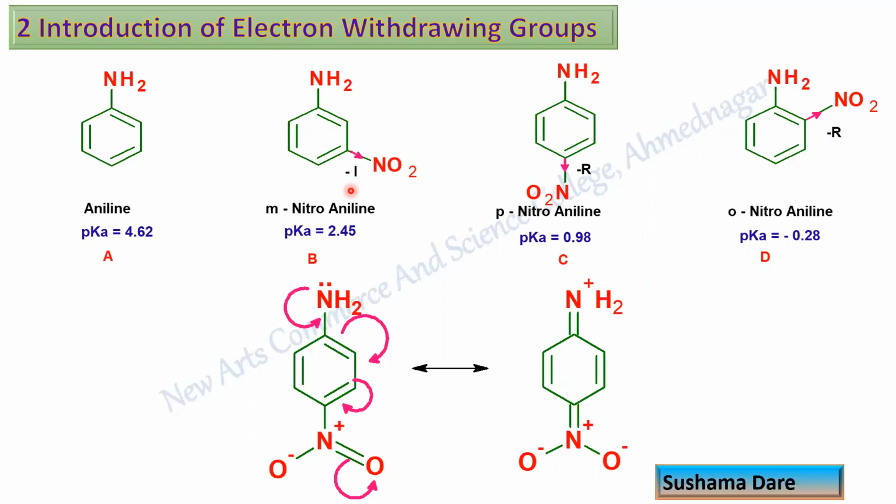As we know, the -R effect is always more powerful as compared to the -I effect. Hence, metanitroaniline is more basic, a stronger base, as compared to paranitroaniline and orthonitroaniline. So you can see the resonating structure of paranitroaniline.